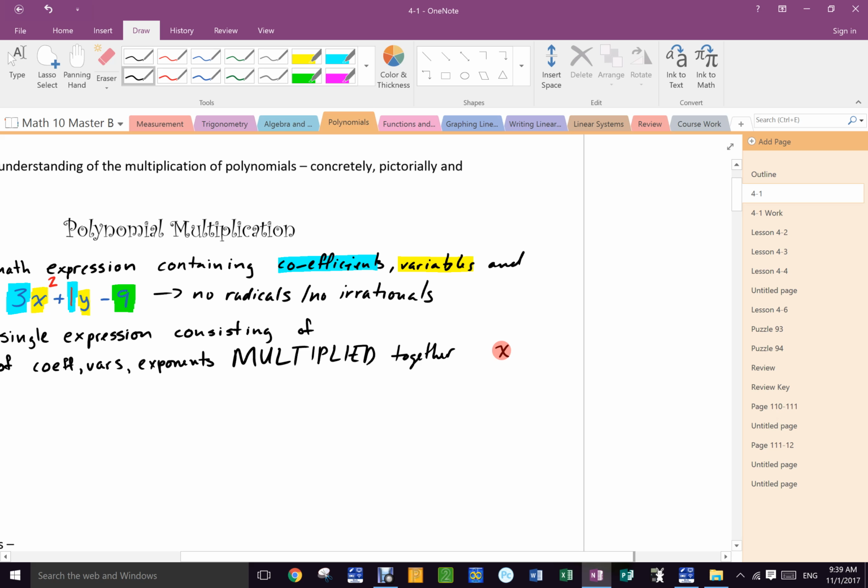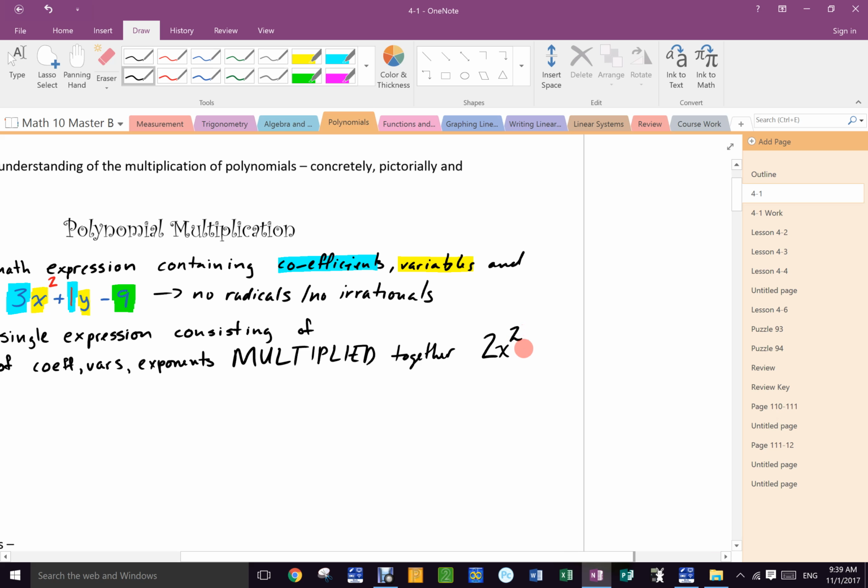Cool? Okay. So that is a monomial. Right? What if I put a 2 in front of it? Is that a monomial? Yes, because it's multiplying with the variable. Everybody still cool? Is that a monomial? 2x squared. Yes, because it's all still multiplying together.